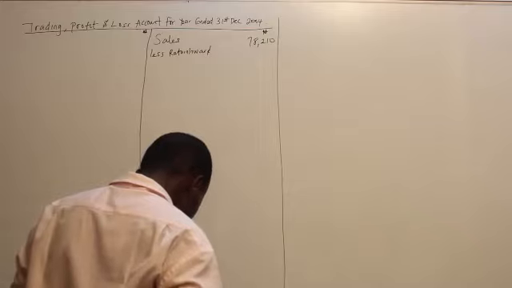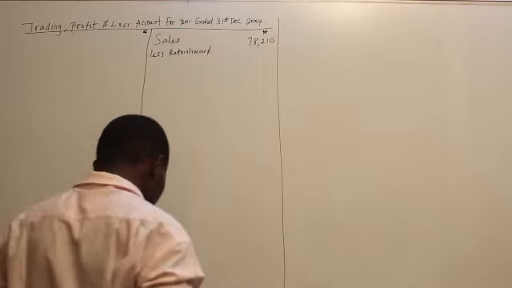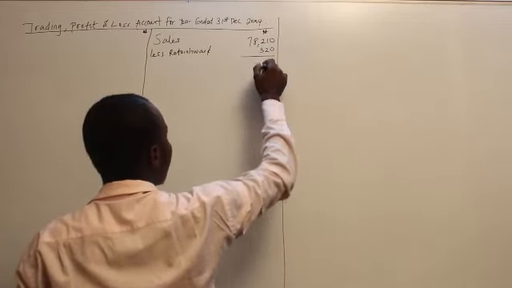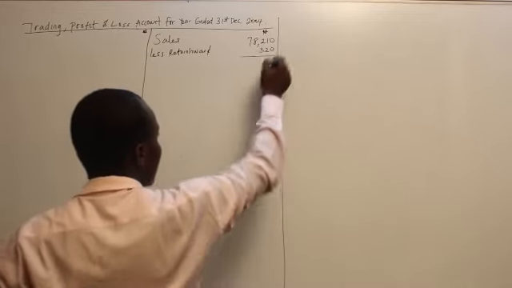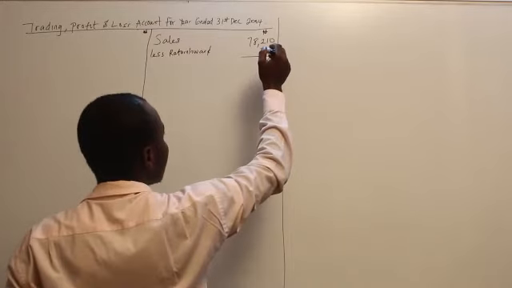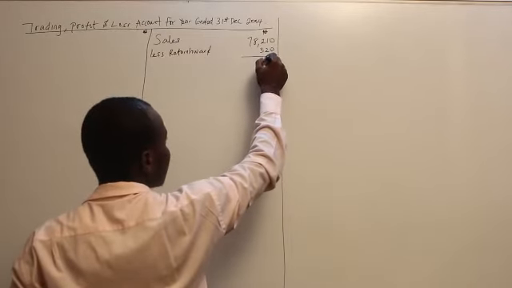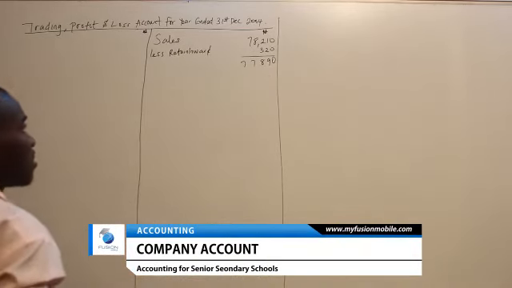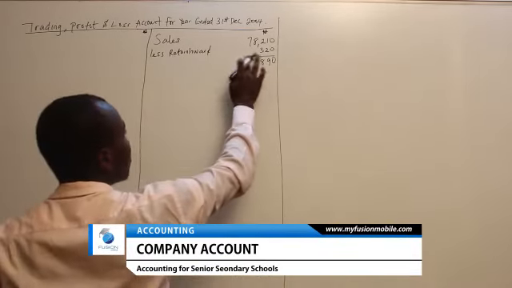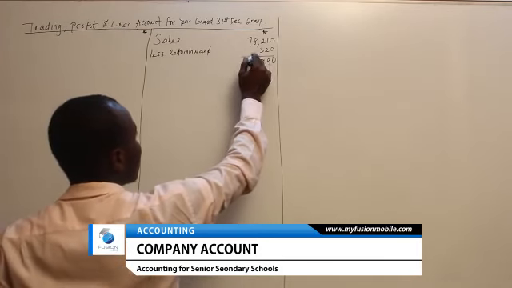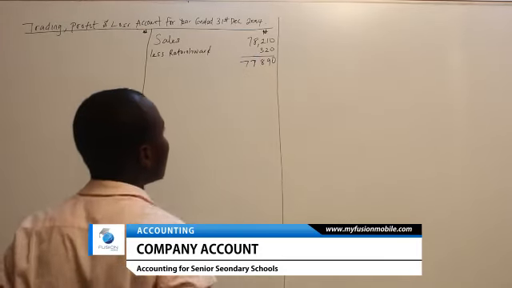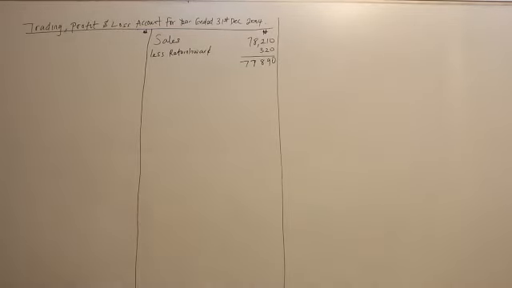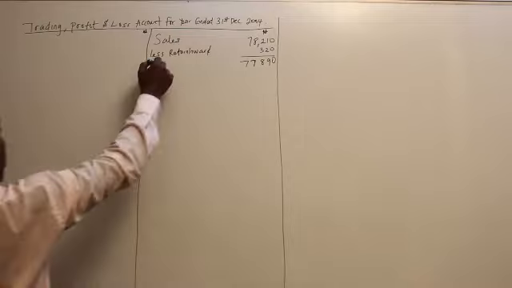The one at the debit is this return inward in the period, 320. So I'm going to deduct that to give us our less sales, and we have 77,890. That gives us our net sales.